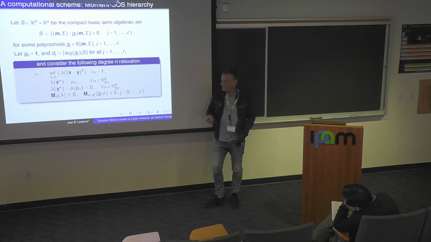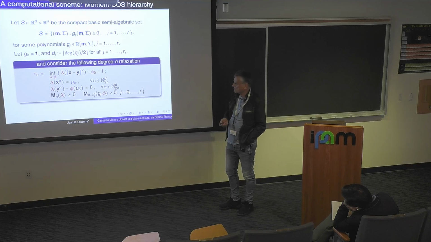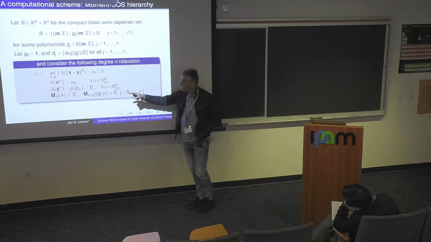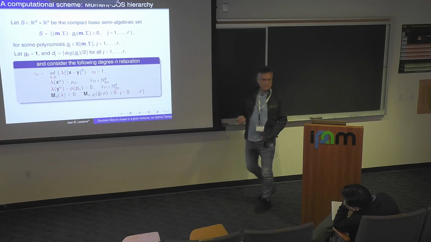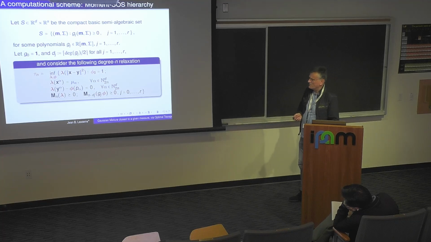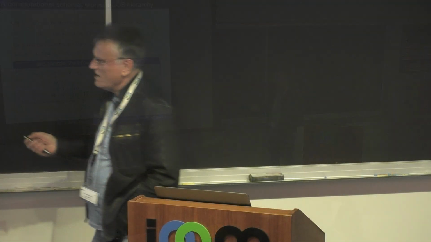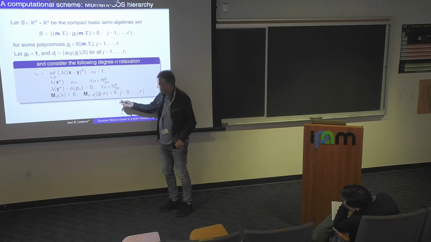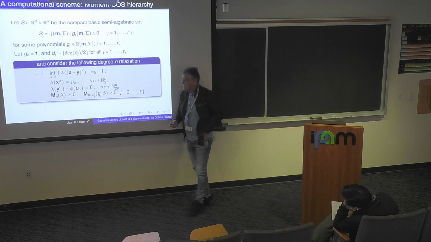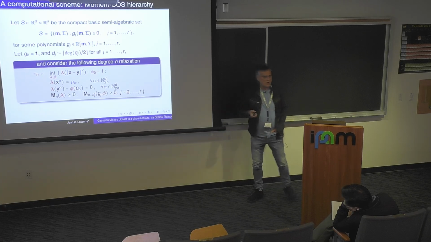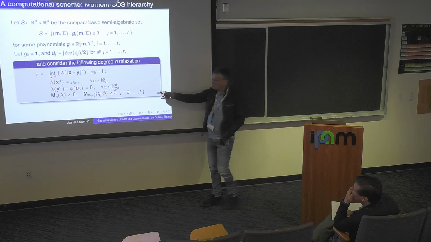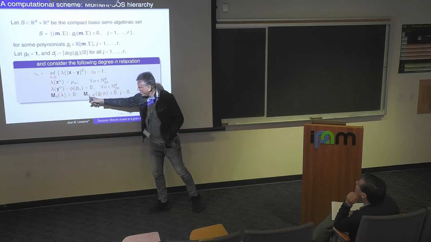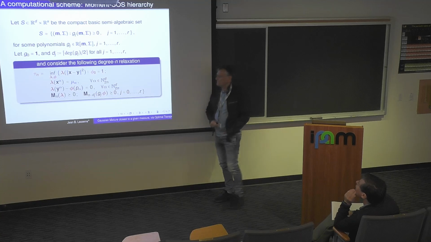But since we don't want countably many constraints, we restrict to a fixed n, so that's why we have n here. This will be a lower bound on tau, the optimal value of your problem, because you restrict to vectors of scalars of degree n, and you expect them to be moments up to degree 2n of those two measures lambda and nu phi. But of course, these are only necessary conditions, because we consider only moments up to degree 2n.